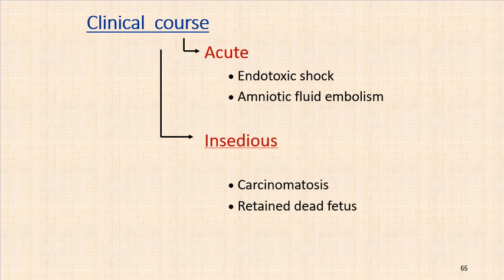Clinical course of this complication: it may be acute, as it occurs in endotoxic shock and amniotic fluid embolism, or its onset may be insidious, as occurs in carcinomatosis, that is different types of carcinomas, and retained dead fetus.